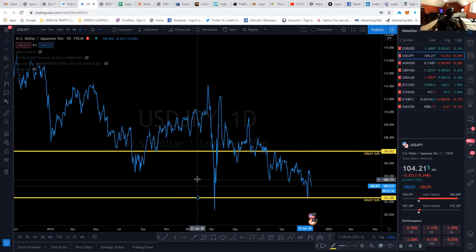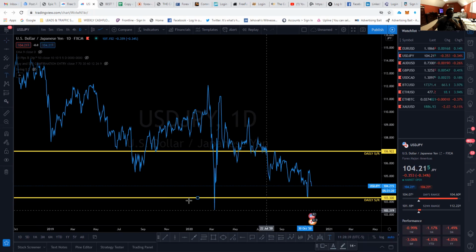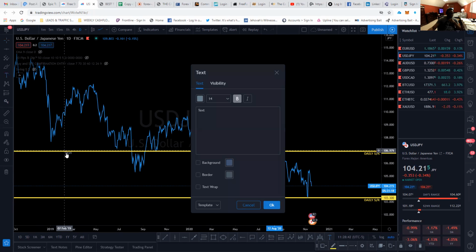All right. So I want to label this. So this here, let me move this up to the top. So I want to put a text here. So this line is called resistance slash ceiling.